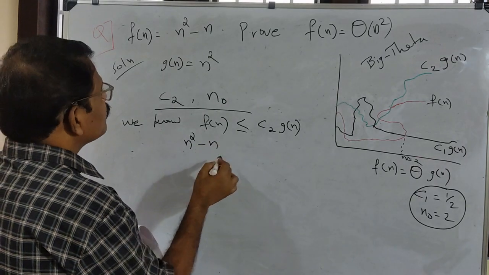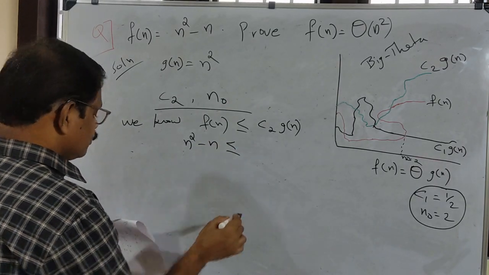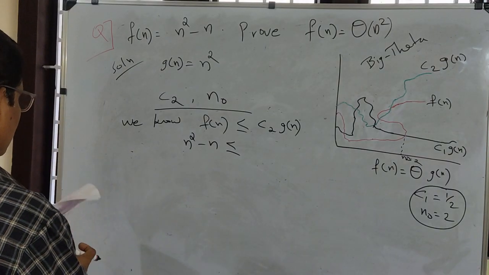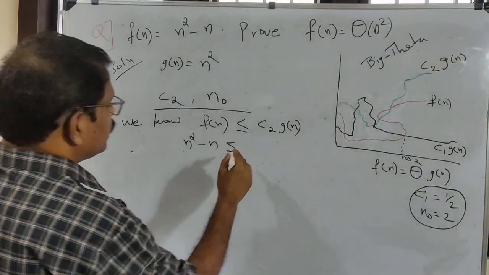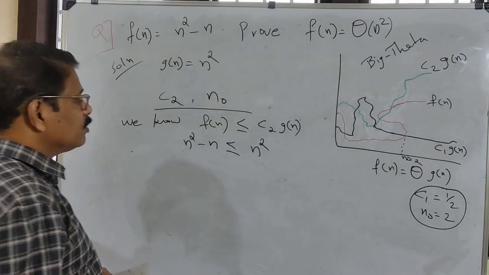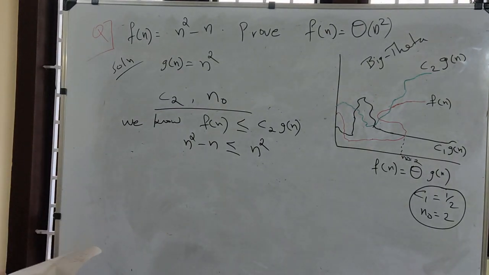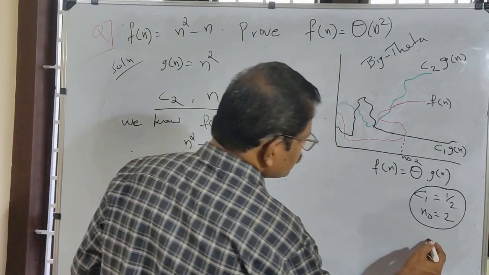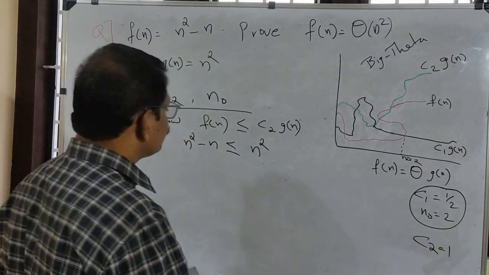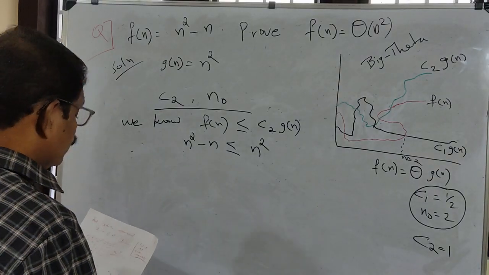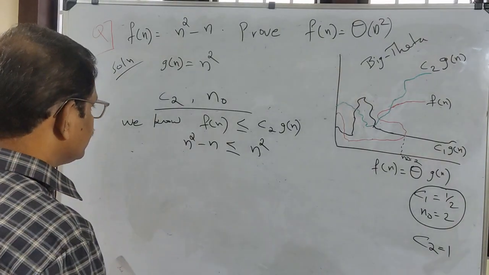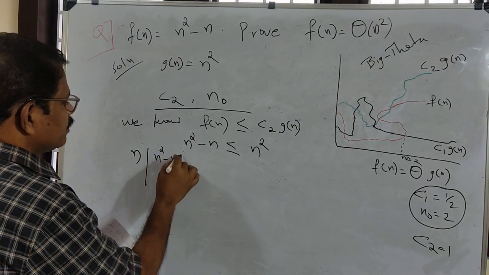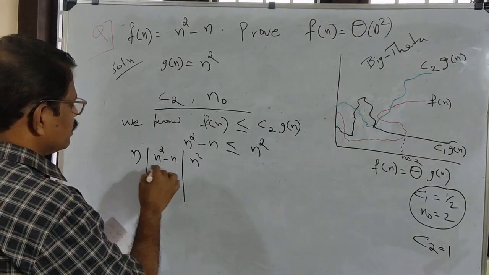N square minus n is less than or equal to n square. Here you can see this c2 is equal to 1. Okay, let us try to guess the n0 by considering different values of n square minus n and n square.